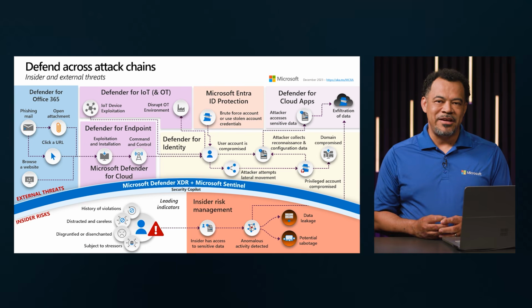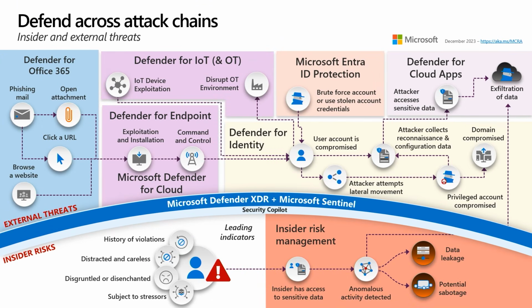Microsoft Defender for IoT provides coverage for asset discovery and threat management for IoT devices and for attacks on operational technology, or OT resources, which can result in disruption of physical processes like factory production, power generation, medical device functionality, and more.